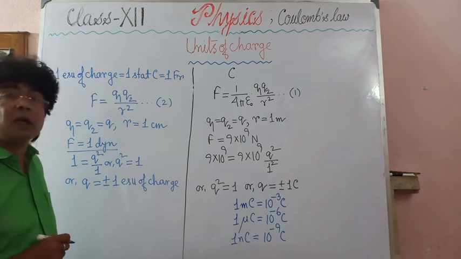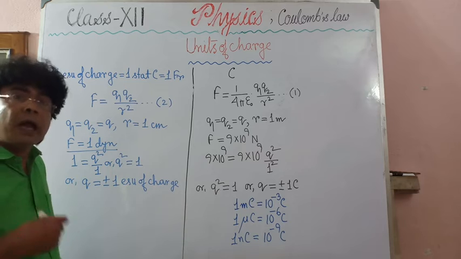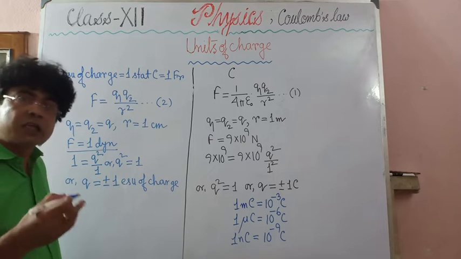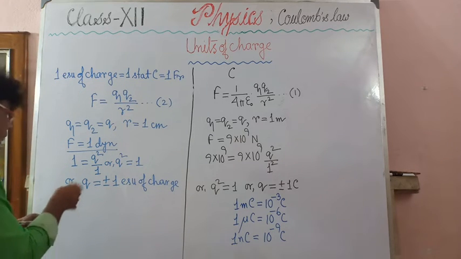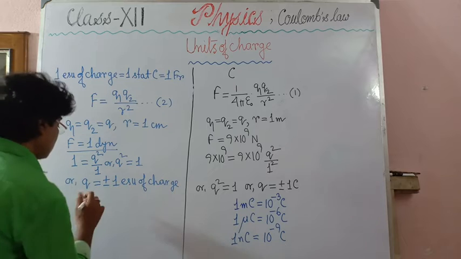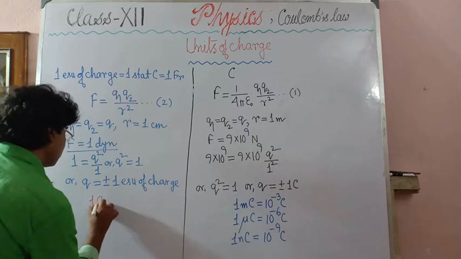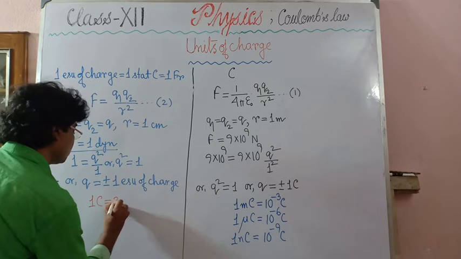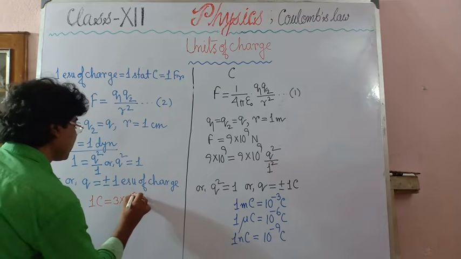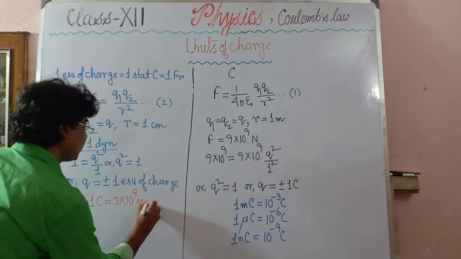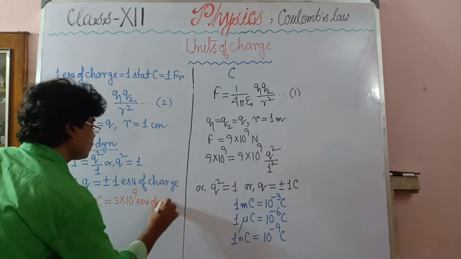The relation between Coulomb and ESU of charge is 1 Coulomb equals 3 into 10 to the power 9 ESU of charge.